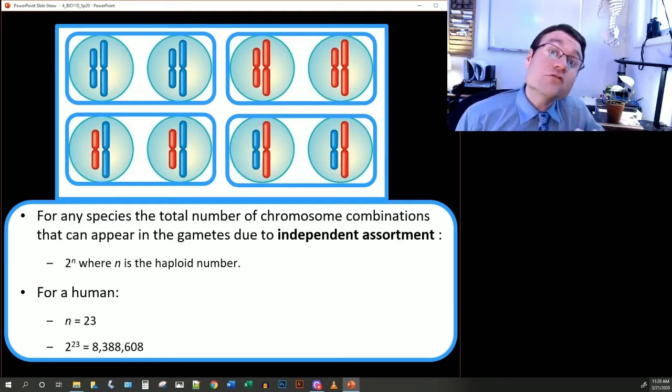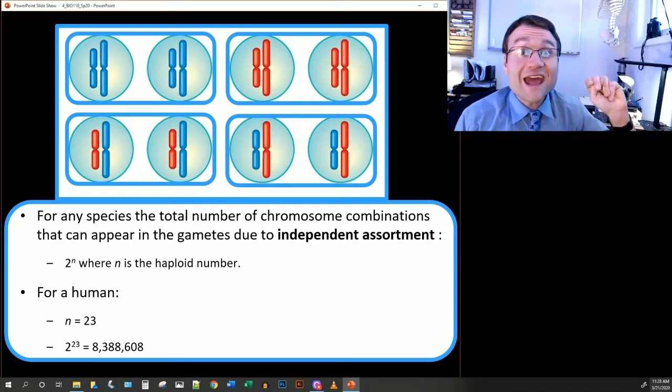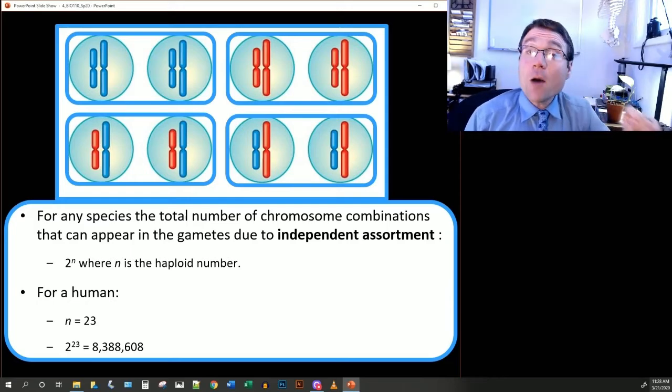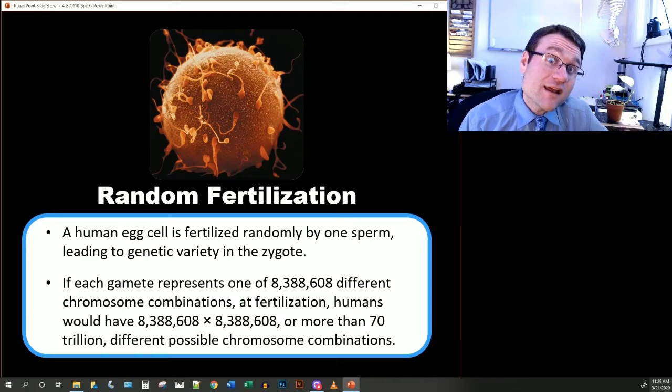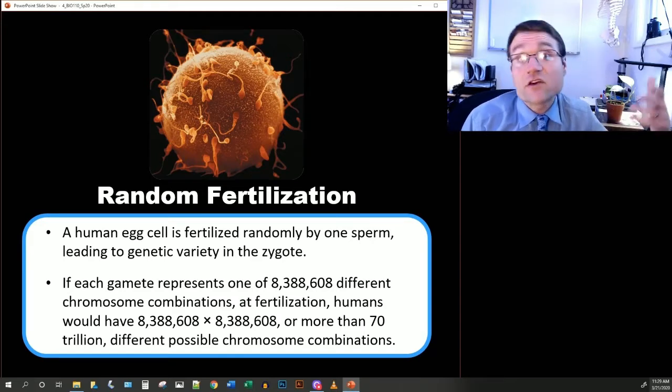Well, good news, because in sexual reproduction, which is after all what these gametes are for, you need 2 to tango. If you wanted to know how many different offspring any 2 humans could create, you would have to multiply one parent's 8,388,608 different chromosome combinations for their gametes against the other parent's 8,388,608 different chromosome combinations for their gametes.